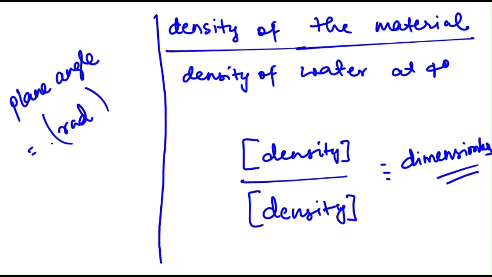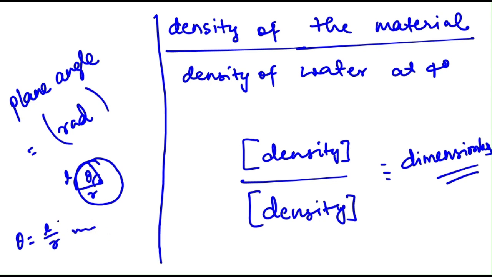There are several ways to represent, but the standard way is to write in radian. So, plane angle, radian. But what is plane angle? If this is theta and the radius is r and this arc length is L, so we represent theta to be L by r. And this is represented in radian.